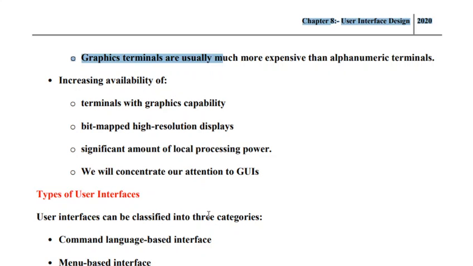Now, in the current scenario, we have continuous advancement taking place in the technological paradigm, where we now have hardware systems that are more sophisticated and capable of supporting terminals with greater graphical capabilities. We have terminals with very high resolution displays now, and terminals with greater processing capabilities.